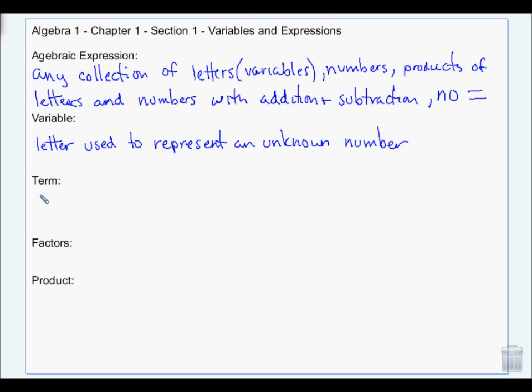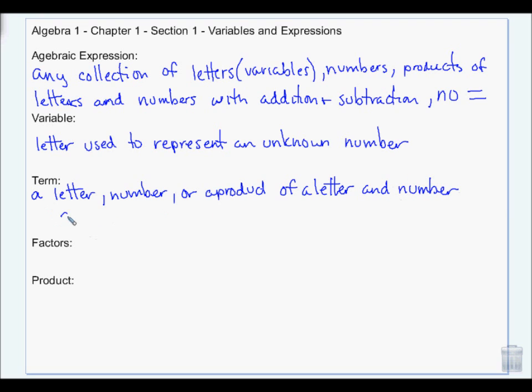A term is a letter, a number, or a product of a letter and number. So for an example, you could just have a 2, or you could have an x, or you could have like a 3x. These would all be considered to be terms. Okay.